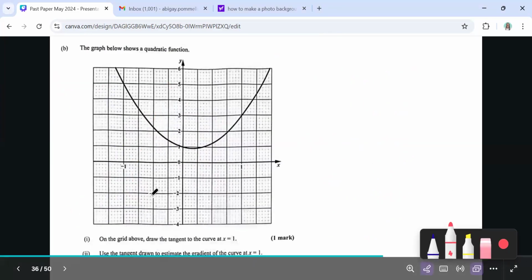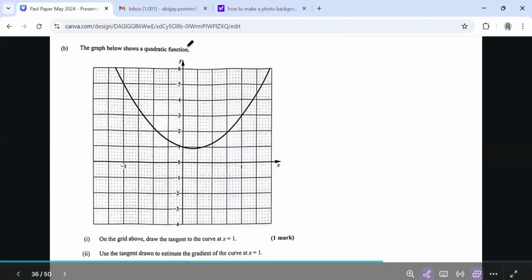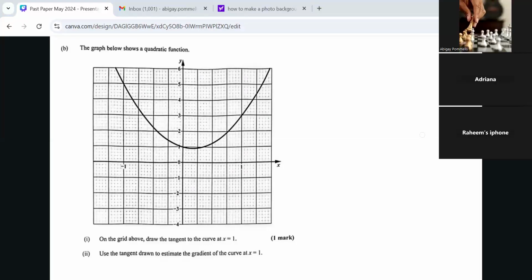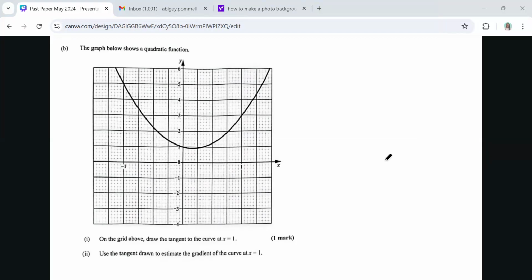All right. B. So it says the graph below shows the quadratic function on the grid above. Draw a tangent to the curve at x equal 1. Where is 1? Oh, here is 1. So x equal 1. So the tangent has to be right here.